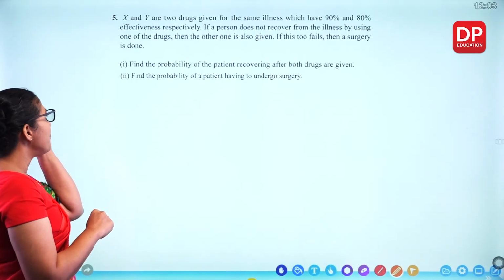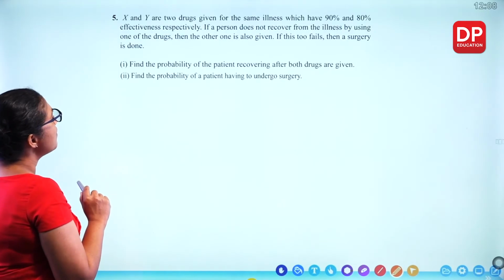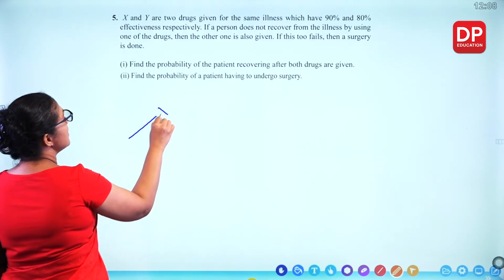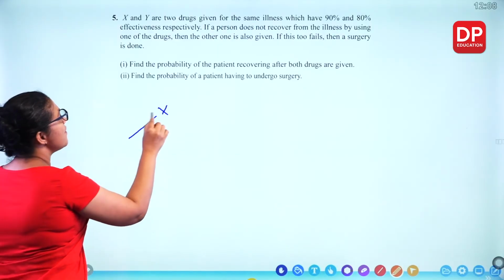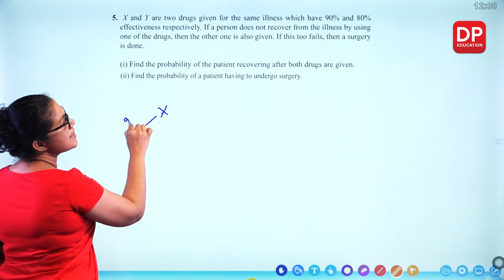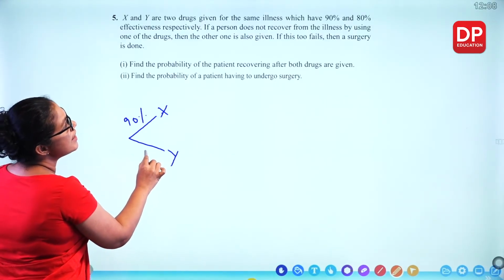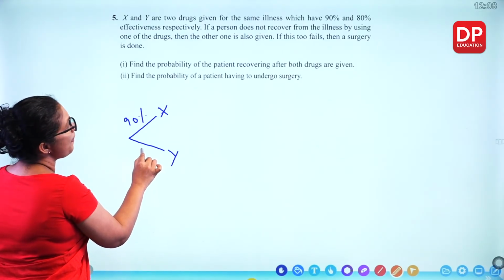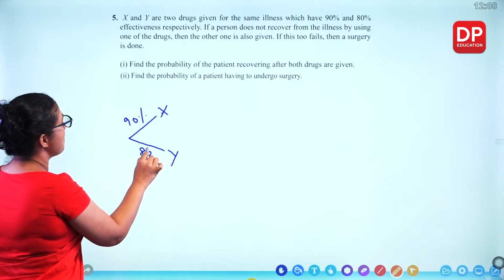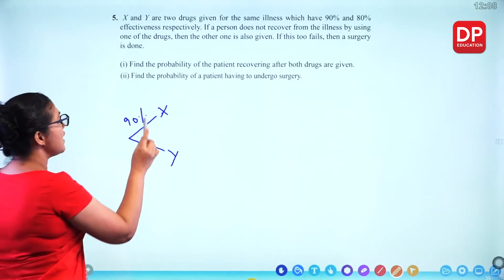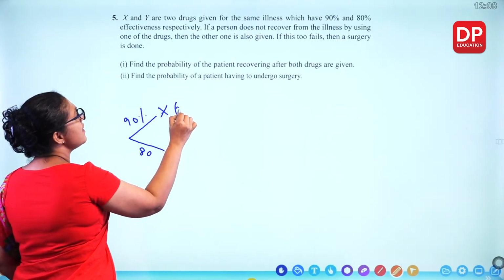So here, how can we draw the diagram? So here we can say giving X and recovering is 90%. Giving Y and recovering is 80%. You can't draw like that. You have to say X recovering.